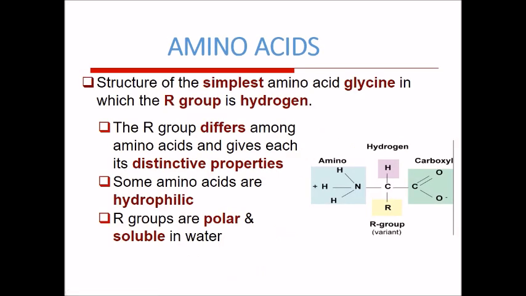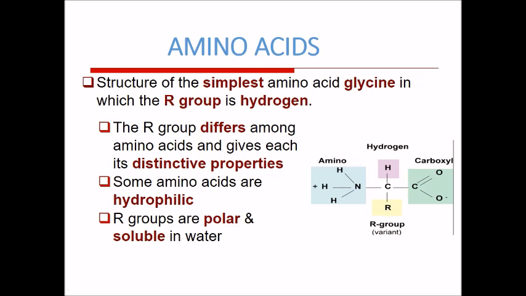The simplest type of amino acid is glycine, because the R group of glycine is a single hydrogen atom. So the structure will be amino group, carboxyl group, hydrogen, and another hydrogen here as the R group.